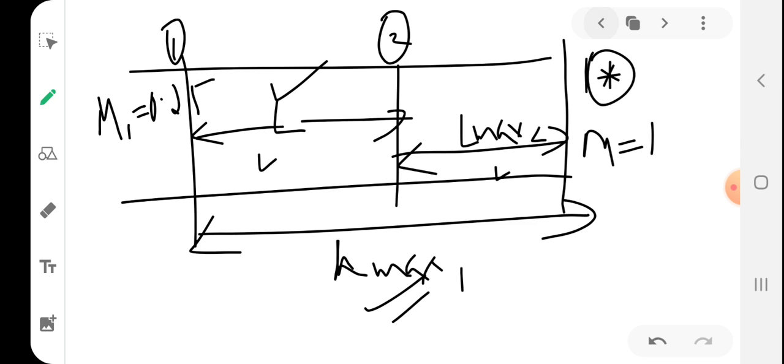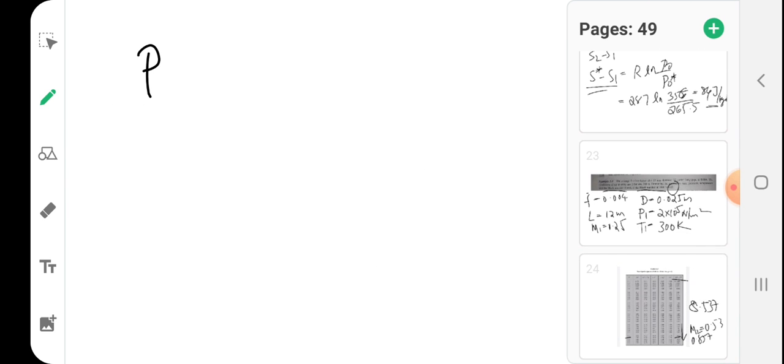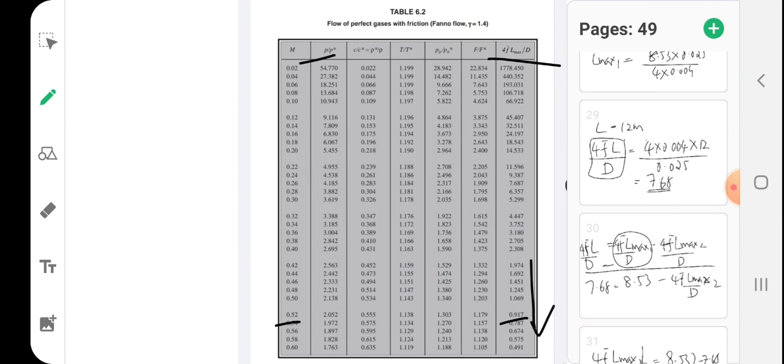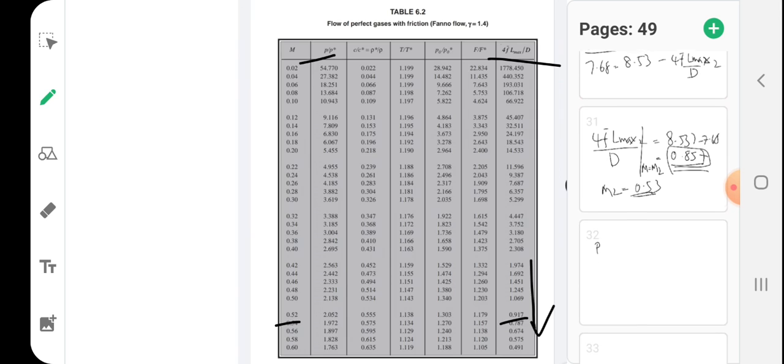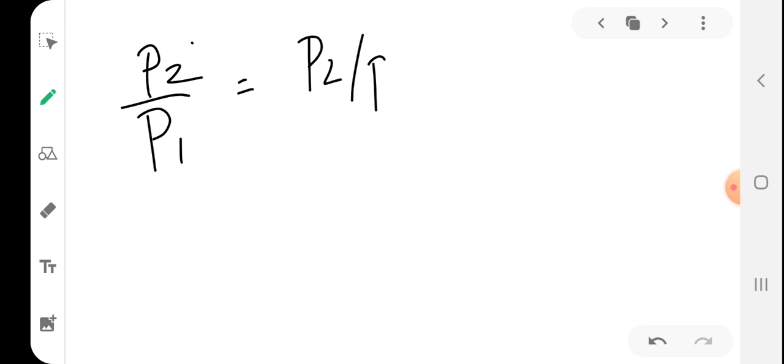So the second section is obtained. So at this section M2 equal to 0.53. Now you can calculate P2 and T2. How? Because in the table P by P star is available. So P2 by P1 can be written as P2 by P star divided by P1 by P star, right?